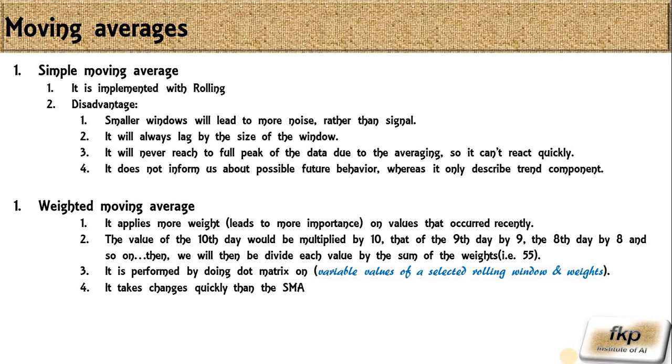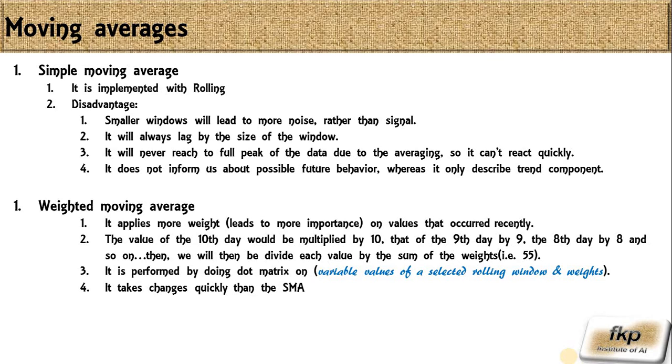And one more thing is that the simple moving average will not react quickly because it depends on the average of the given window. That's why it takes time to react to a change. We'll see this when we go to the demo session.